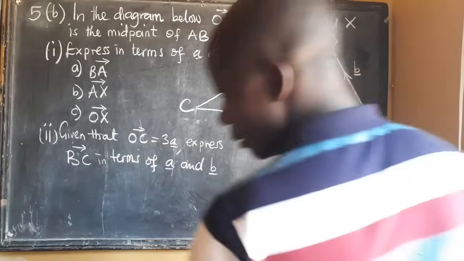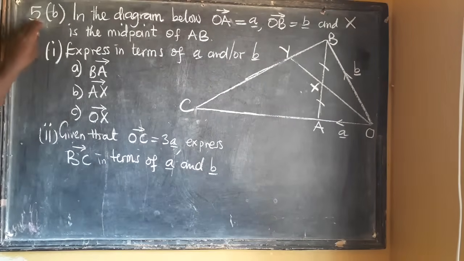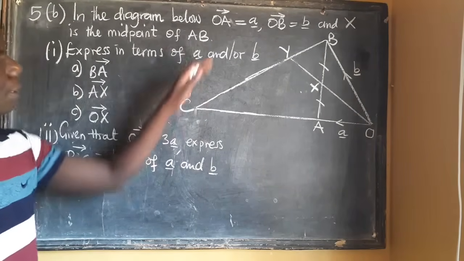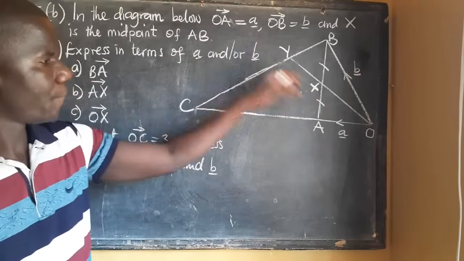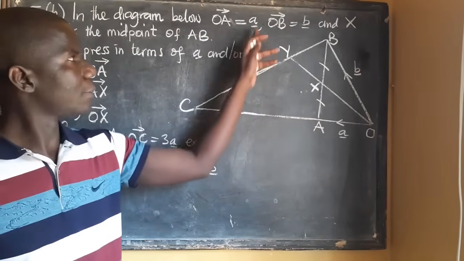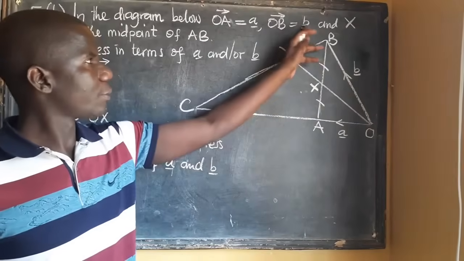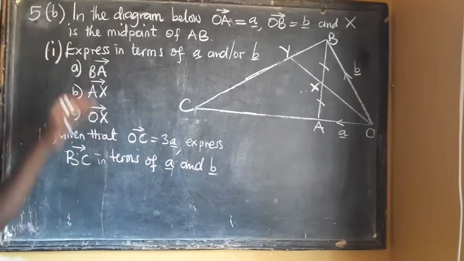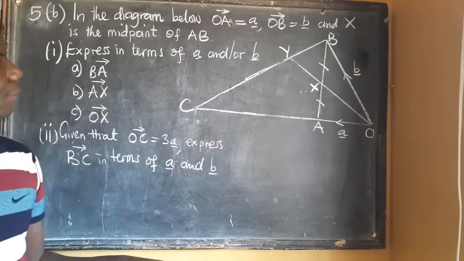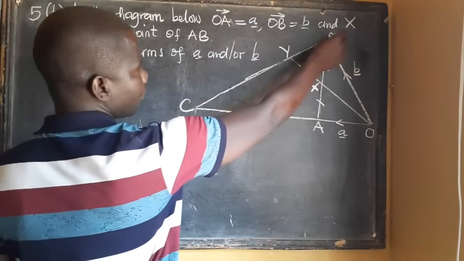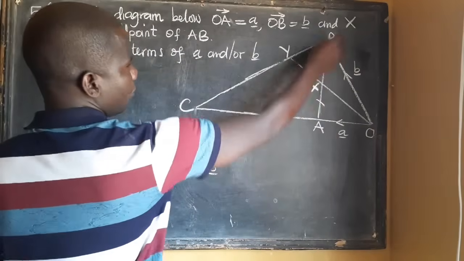Hello. So welcome to part B of question 5. Okay, this was on vectors, and the question reads, in the diagram below, OA is equals to A, OB is equals to B, and X is the midpoint of BA or AB.